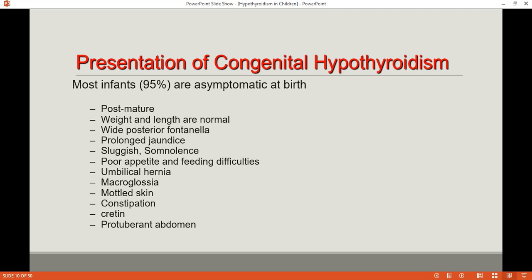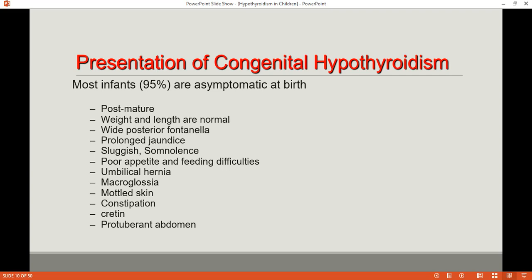Now the presentation of congenital hypothyroidism. Before that, the acquired hypothyroidism presents late, usually due to autoimmune causes like Hashimoto thyroiditis, and in the acquired one they can present with short stature, delayed puberty, and obesity. But first we are discussing the presentation of congenital hypothyroidism.